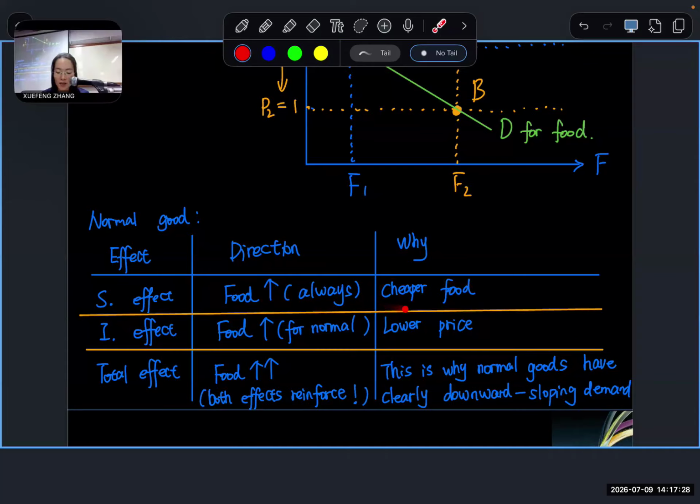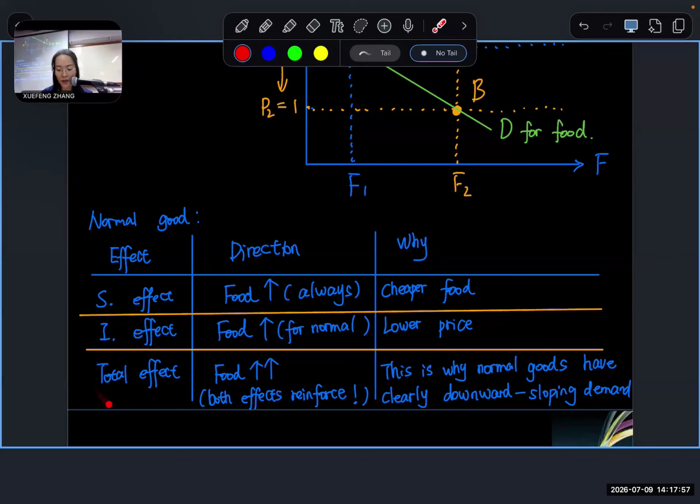Because the price of food decreases, that means it becomes cheaper, so you always buy more regardless of good type. And for the income effect, the quantity demanded for food increases as well because it's a normal good. Lower price means more purchasing power, so you're going to buy more of a normal good.